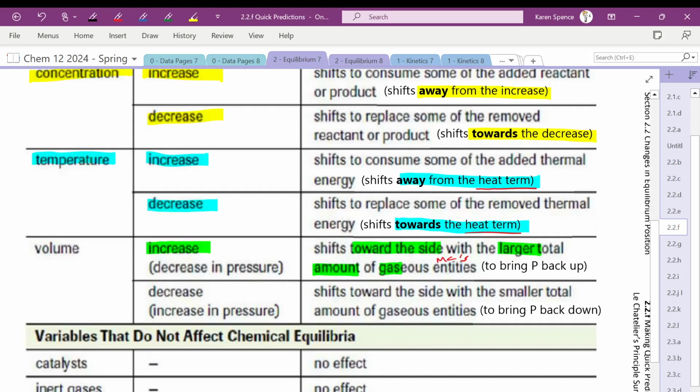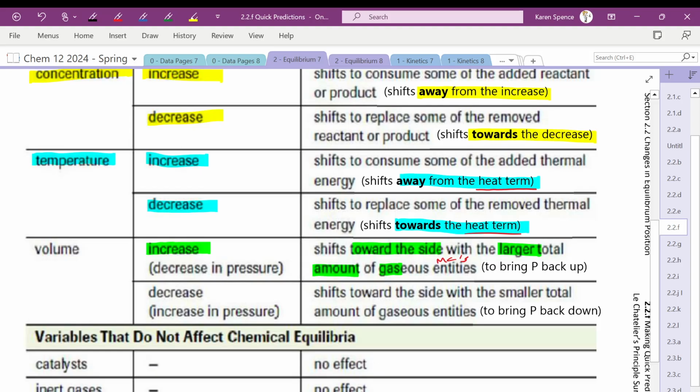Toward the side with a larger amount of gas molecules. There we go. Okay, and if we decrease it, squish. We have less space. Will we shift to the side with more molecules or fewer molecules? Fewer molecules, because we got less space, we want fewer molecules. Okay? So if we decrease the volume, we shift towards the side with the smaller amount of gas molecules.